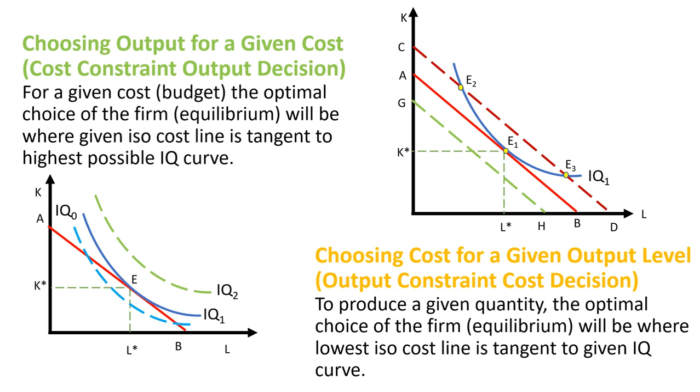As we know that higher iso-quant represent higher quantities of goods, therefore the optimal decision will be producing at IQ1. This is possible at a point E where the given iso-cost line is tangent to highest possible iso-quant curve.